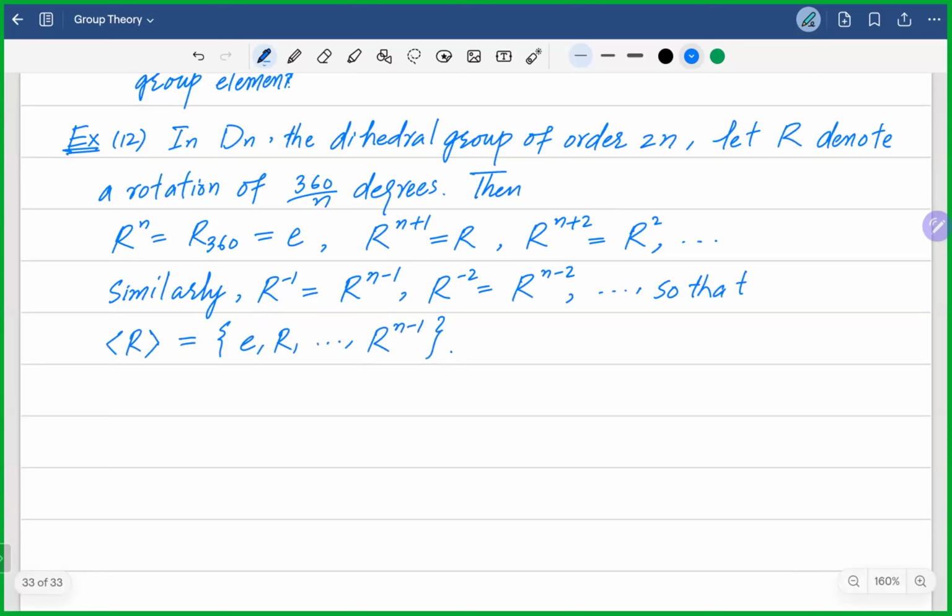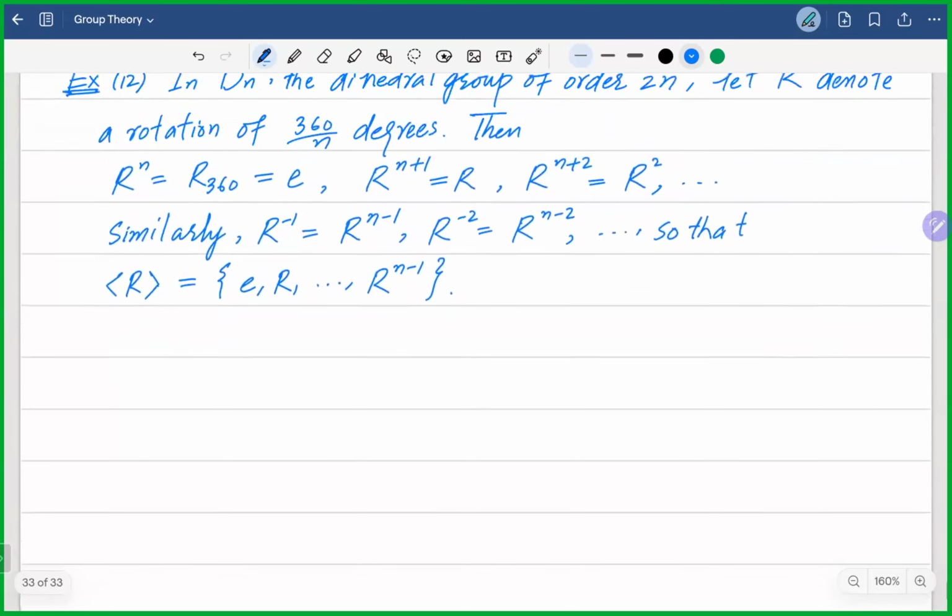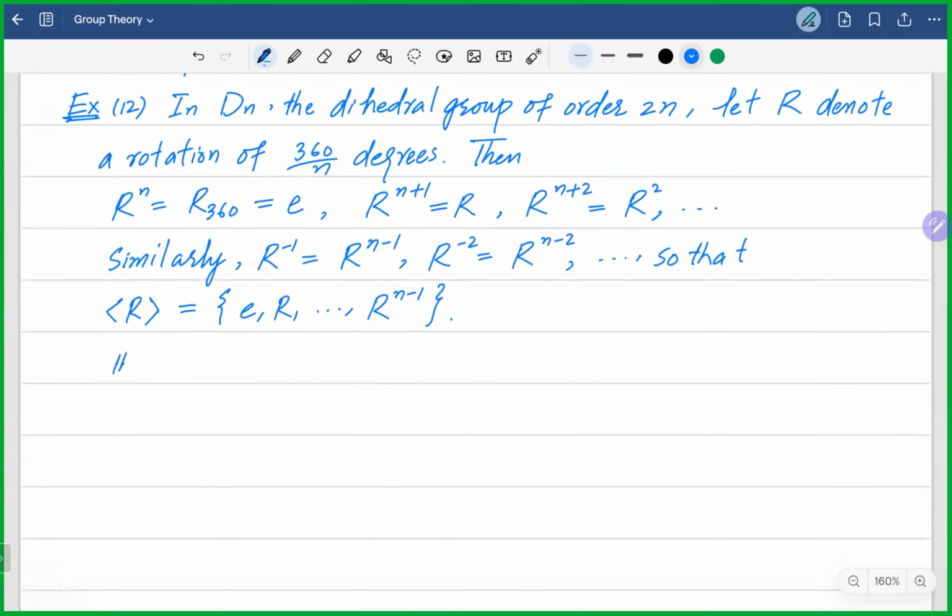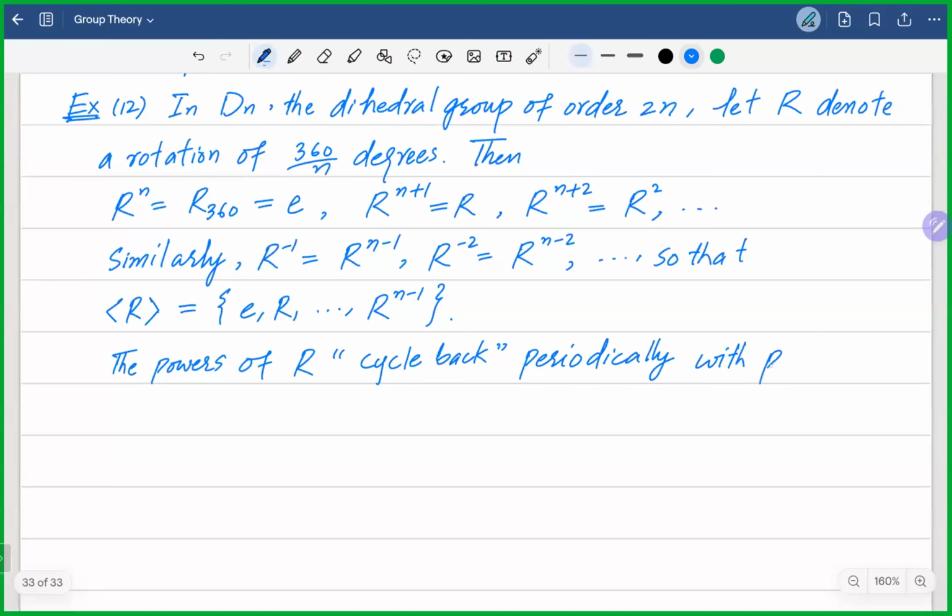We see that the powers of R cycle back periodically with period n.